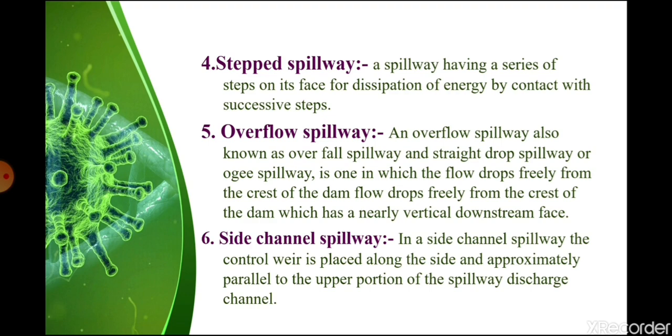A side channel spillway uses a controlled weir, and the control weir is placed along the side and approximately parallel to the upper portion of the spillway discharge channel.